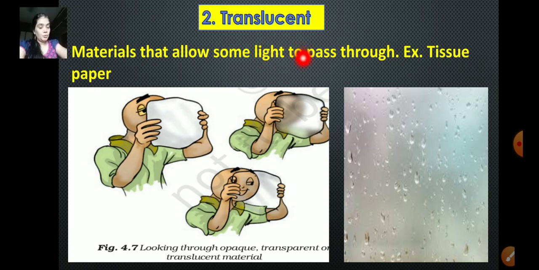It is known as translucent. So remember the oily patch on paper when we tested the food items for the presence of fats. So that was translucent too. Can you think of some more examples of translucent materials?